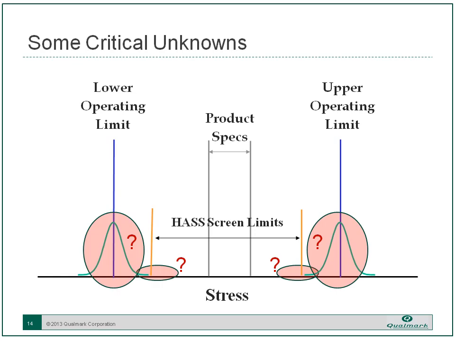Now, there are a few critical unknowns when you start setting up that screen. If you notice, I talk about the HASS screen limits, but we don't really know what this distribution looks like, and we don't have any idea what these tails look like. We only tested a few units to find this operating limit point.